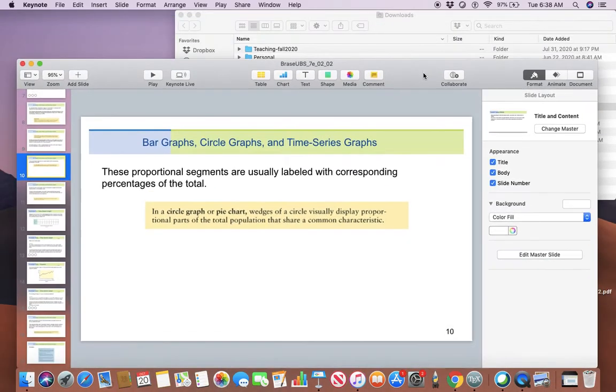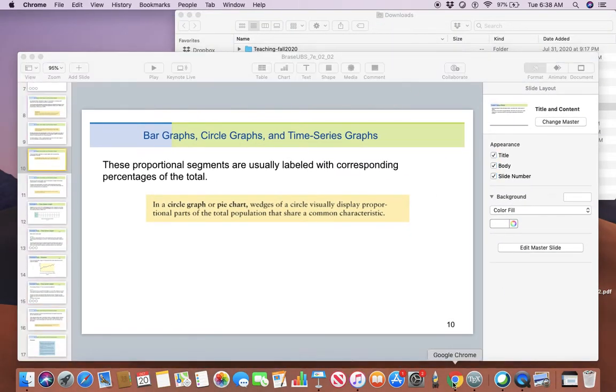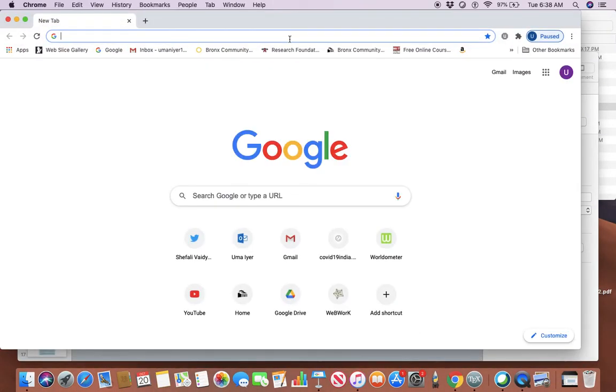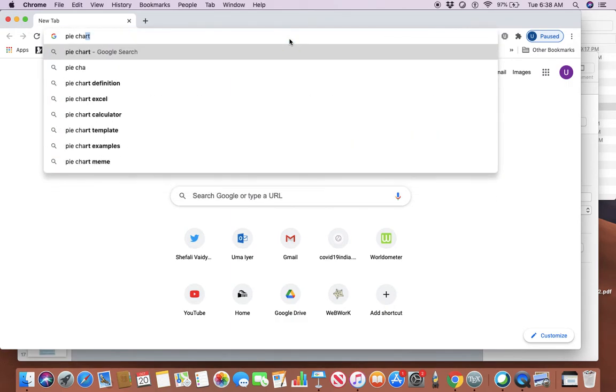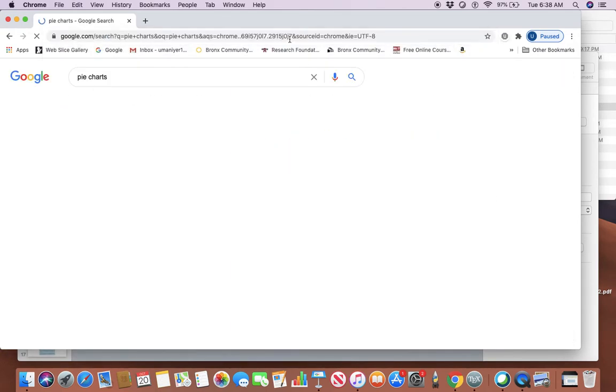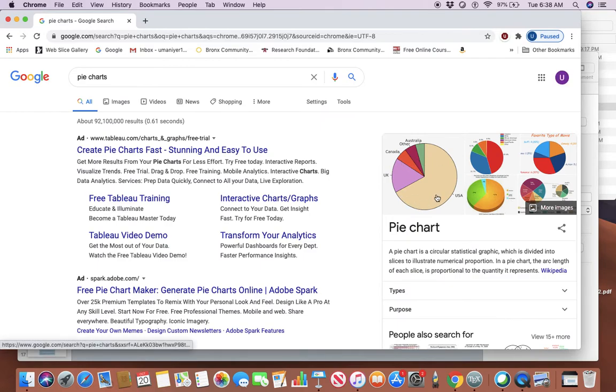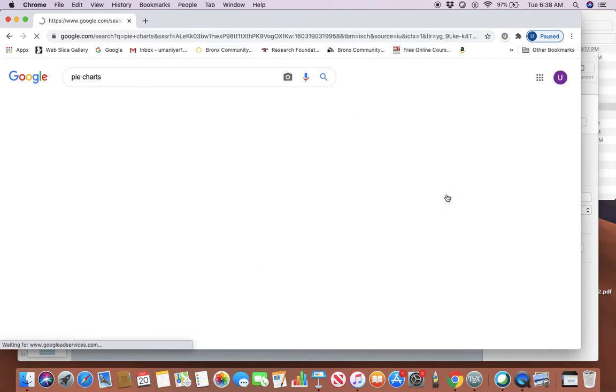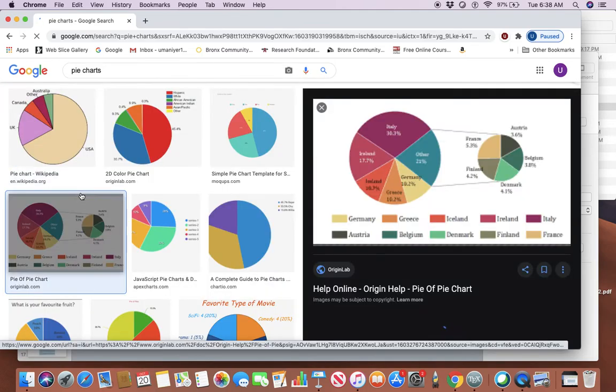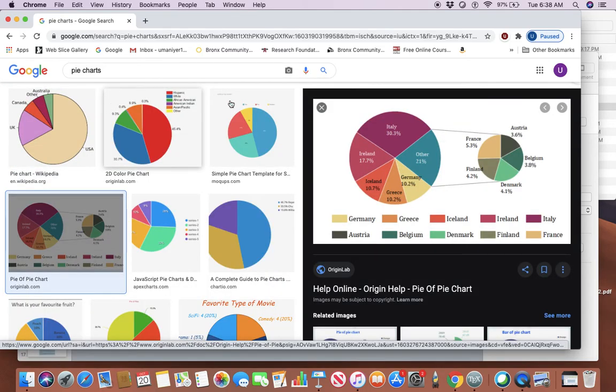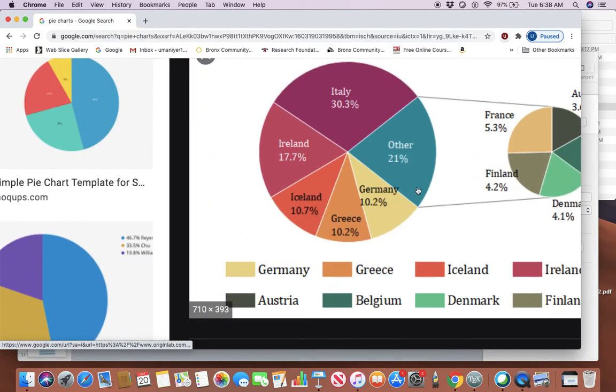Let's see some examples. Pie charts. Here, that's an example of a pie chart. You're looking at something like this.